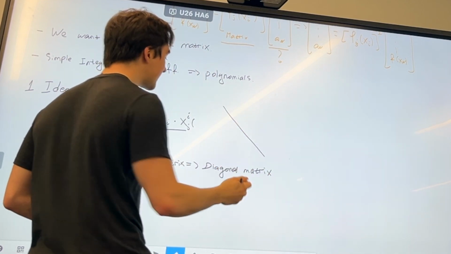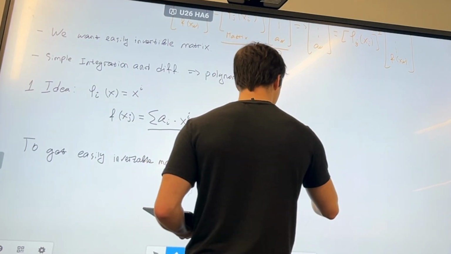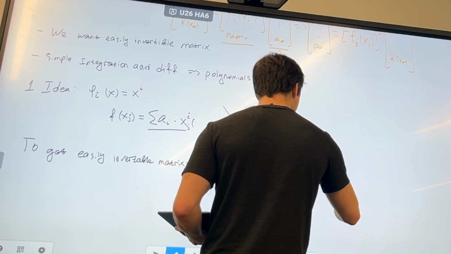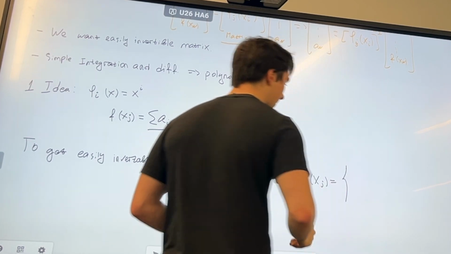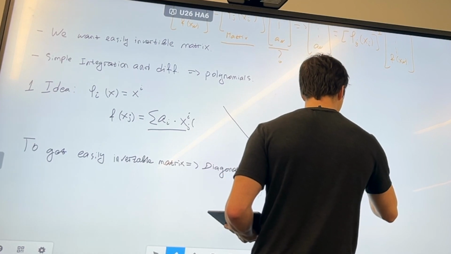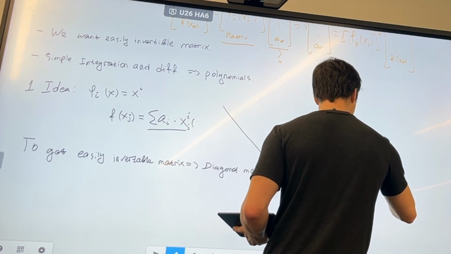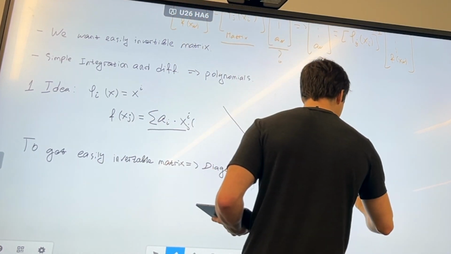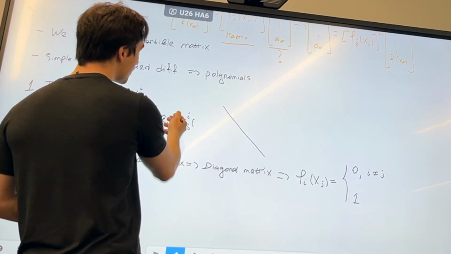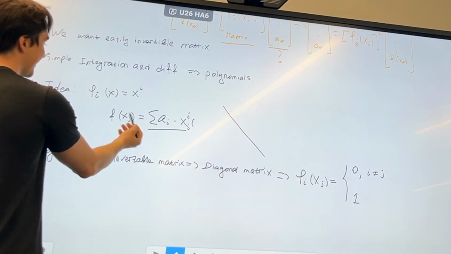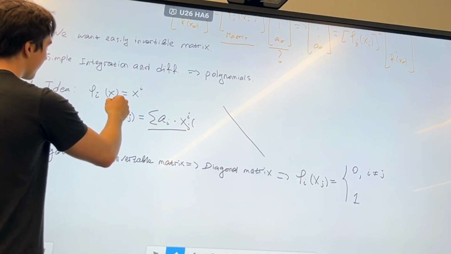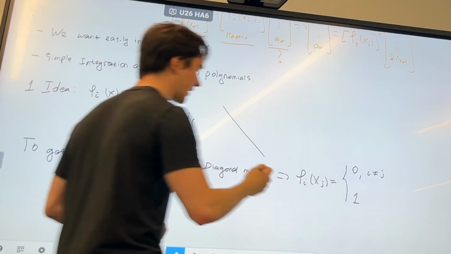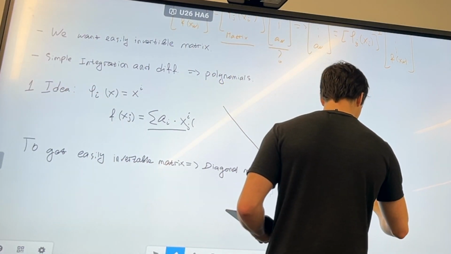And diagonal matrix means that phi i at point xj will be 0 if i is not equal to j, and it's convenient to set it to 1 if i is equal to j, and then just use a coefficient to make the value of the function at point xj equal to f at xj.